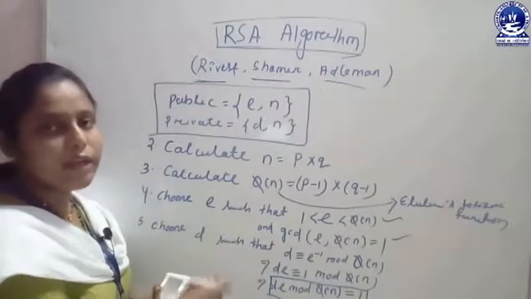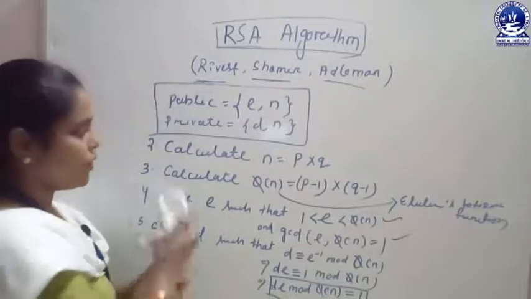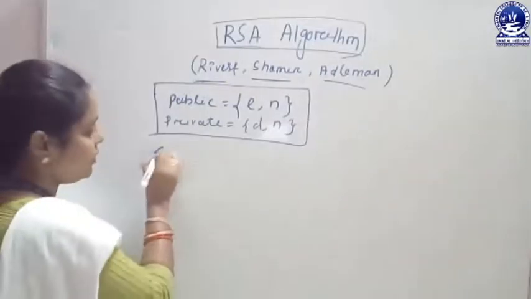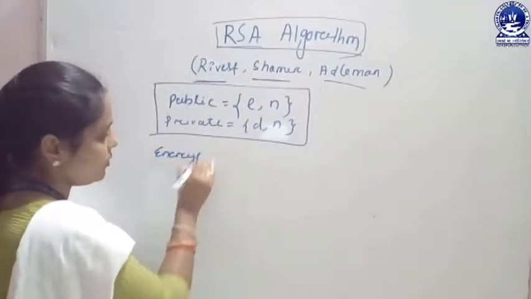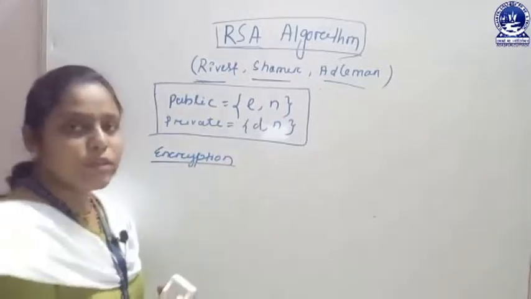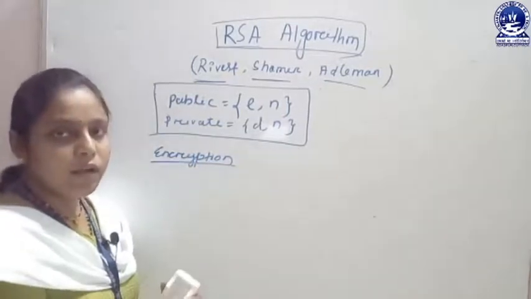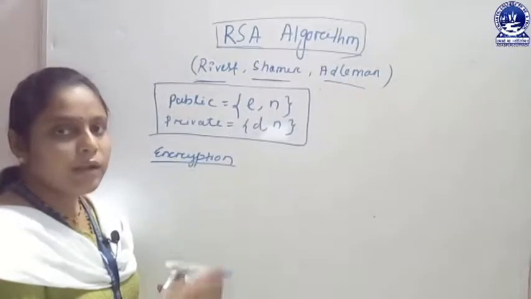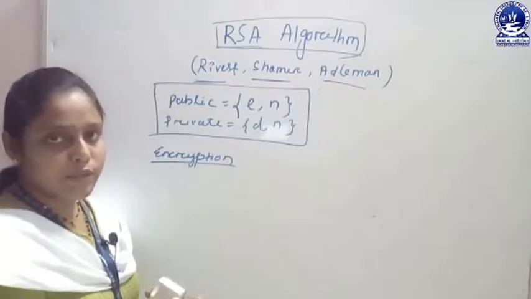Now look at the encryption algorithm and decryption algorithm. Here, encryption. In the encryption process, we always take the plain text and convert it into the ciphertext.